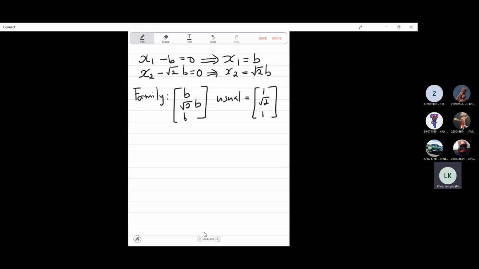Okay, and then we do the same thing with the third eigenvalue. So here lambda 3 is equal to 2 minus the square root of 2.